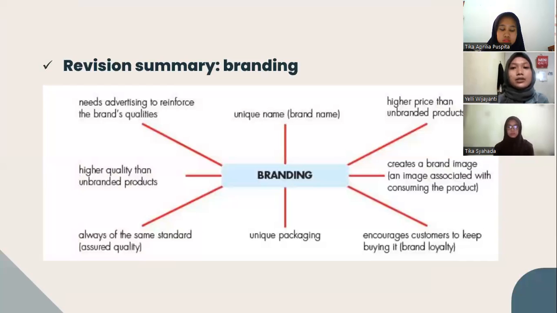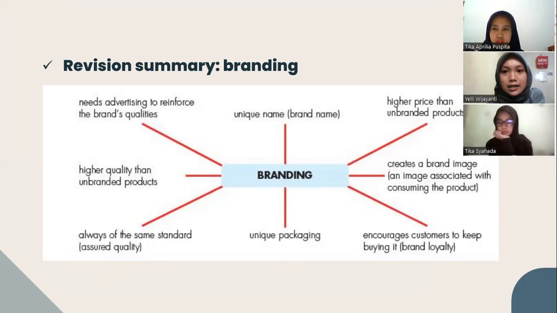Here is the revision summary about branding. In branding, we need some components, that is a unique name or brand name.